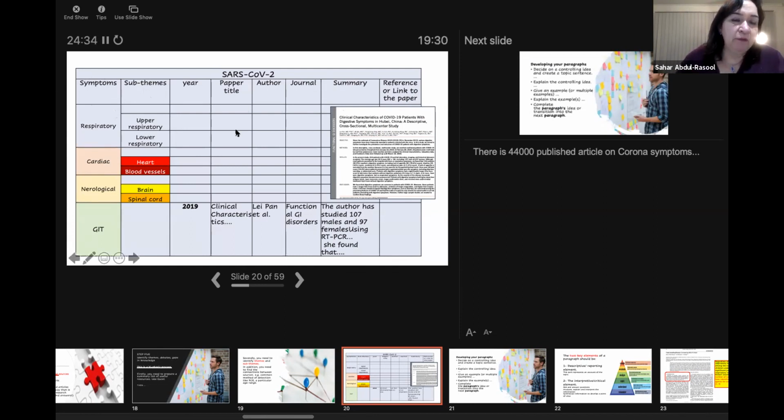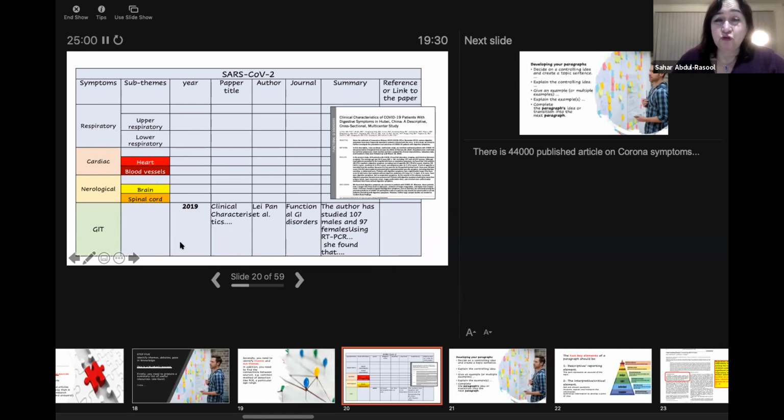So if I'm going to write a summary paper about the new COVID-19, I would divide the symptoms into respiratory, cardiac, neurological, and GIT. Then maybe sub-themes: upper respiratory, lower respiratory, heart and blood vessels, brain and spinal cord.